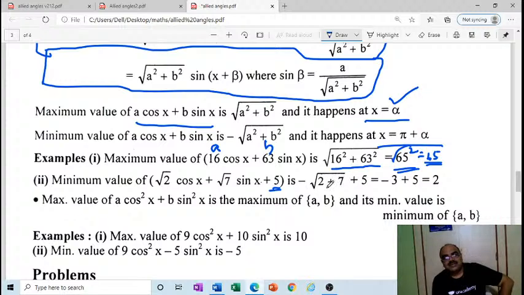Root 9 is 3, and it is minus 3, because it is root of a square plus b square. Then it is added to the constant 5. Minus 3 plus 5 is 2. You need to be very careful when there is a constant in this equation.